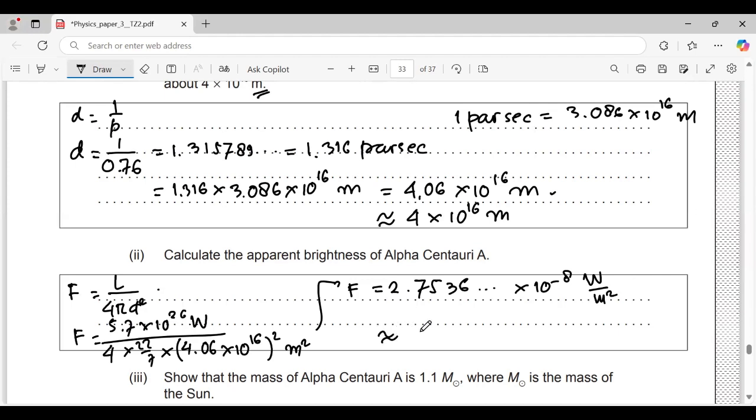Rounded off, it becomes 2.75 times 10 power minus 8 watts per meter squared. So the apparent brightness of Alpha Centauri A is approximately 2.75 times 10 power minus 8 watts per meter squared.